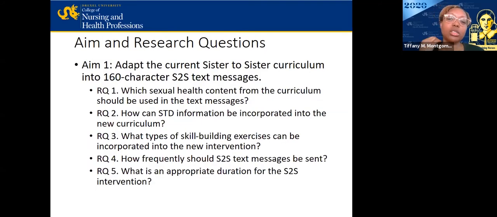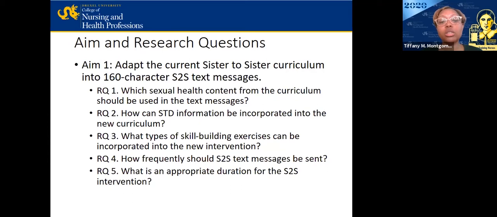So I went into this phase of the study with the aim of adapting Sister to Sister, which is a face-to-face HIV prevention curriculum. I wanted to adapt that to text messages. Things are a little different now, but at this time, for all intents and purposes, text messages were about 160 characters, and I wanted to keep it to that.